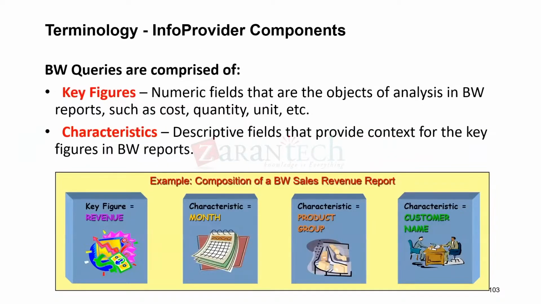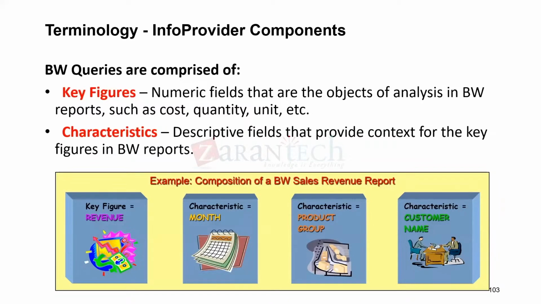Okay. Now a deep dive into key terminology. We will use this terminology a lot. So basically in SAP BW, we build reports. A report is actually a set of data, right?